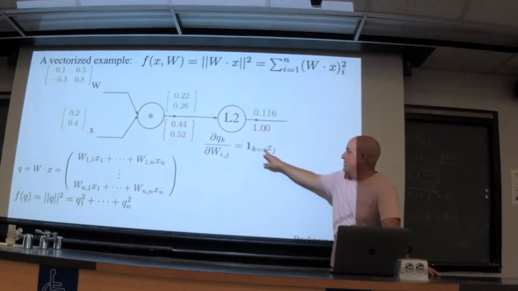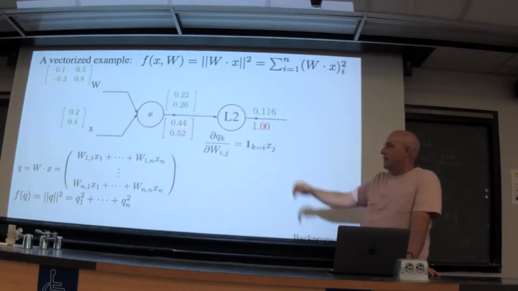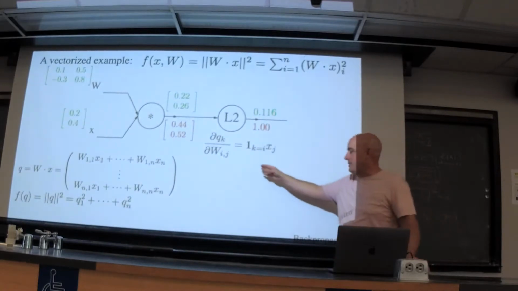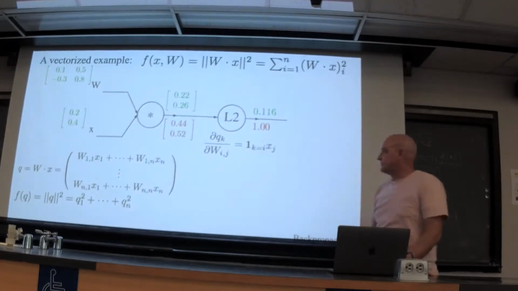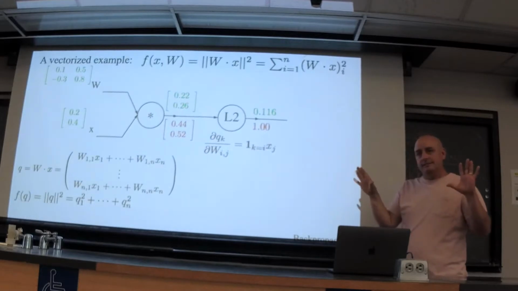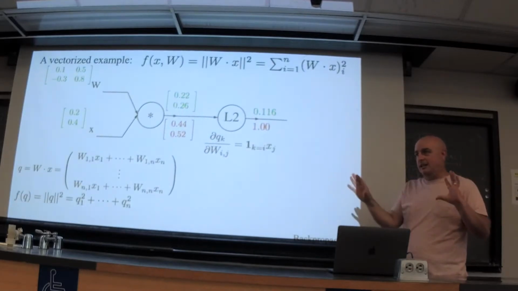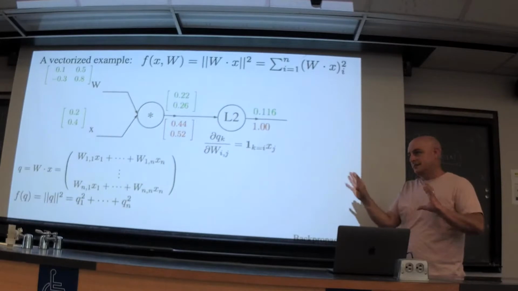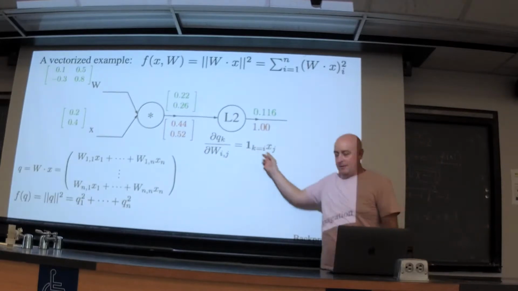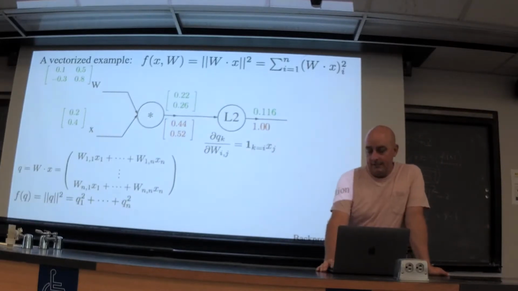This picks out the row that you should be on. This picks out the value of x corresponding to the column of W that you're in. Make sense? Again, it's all just keeping track of indices. It may seem complicated, but these are all just ways of keeping track of indices.